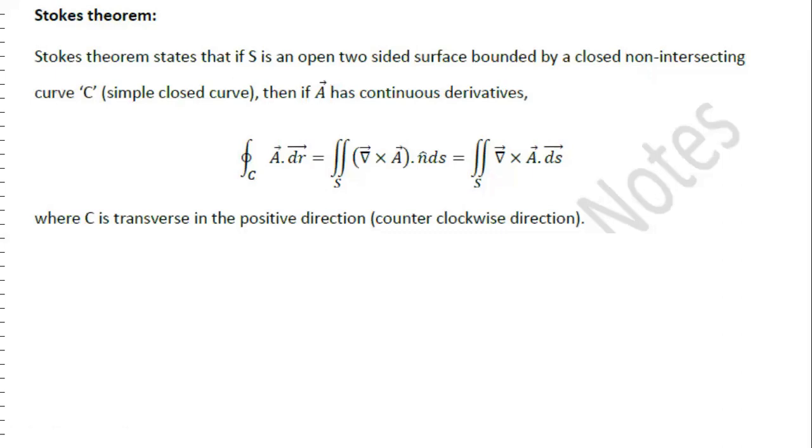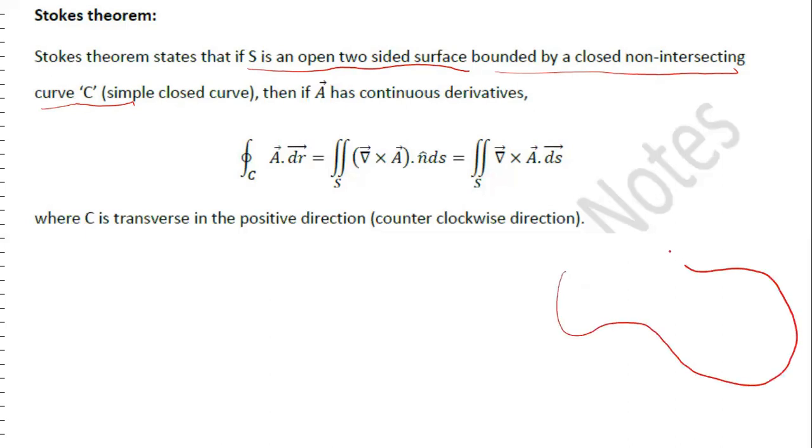So here, what it says is that if you consider any two-sided open surface bounded by a closed non-intersecting curve. A non-intersecting curve is what you call a simple closed curve. Like you can consider something like this.